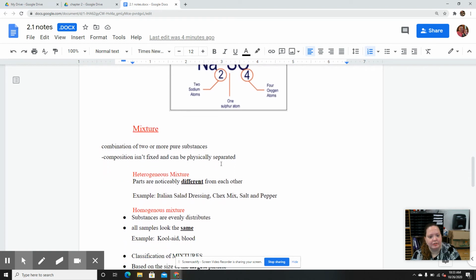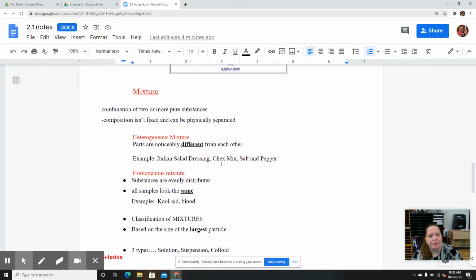Mixtures. A mixture is a combination of two or more pure substances. The composition is not fixed, and it can be physically separated. What I mean by this is that we can change the ratio of a mixture. If we have salt water, I can change the ratio of salt to water, but I can't change the composition of salt and water.